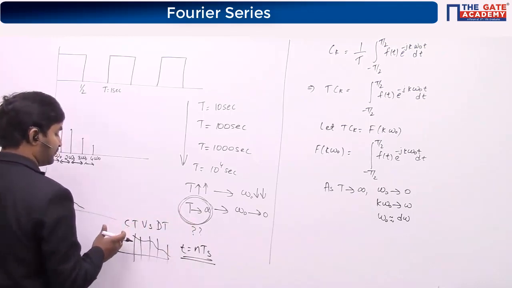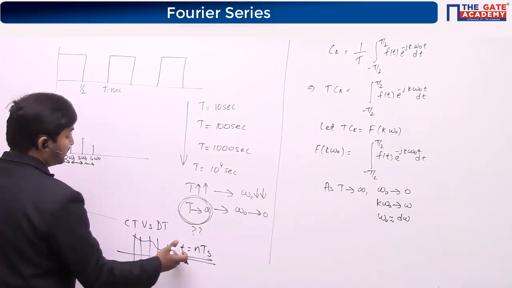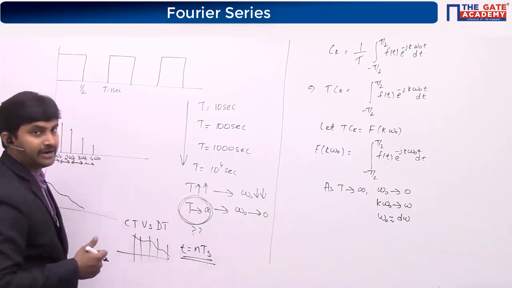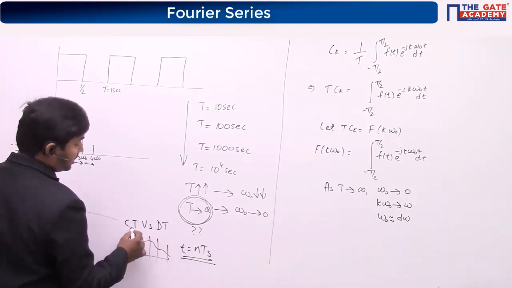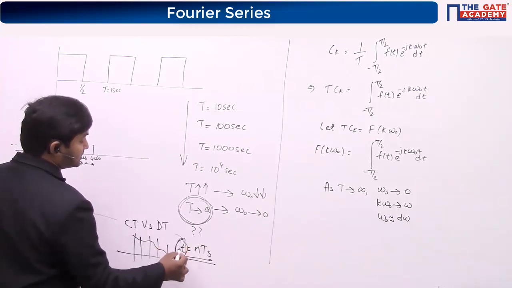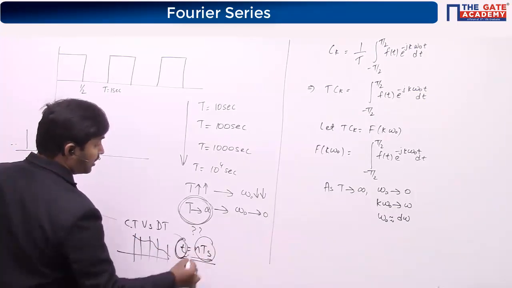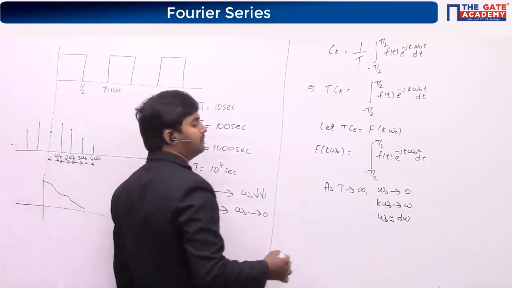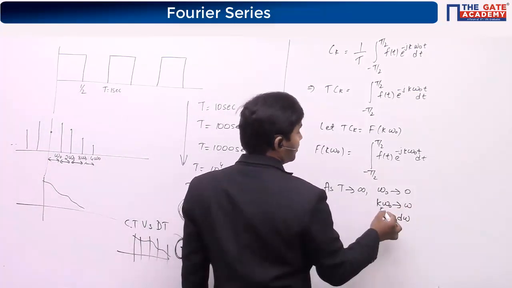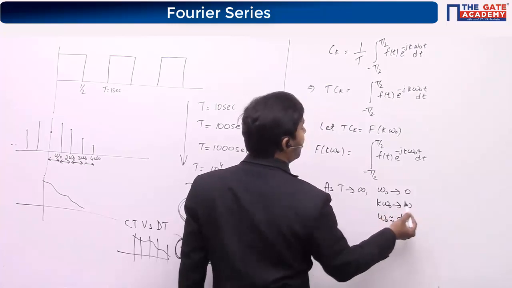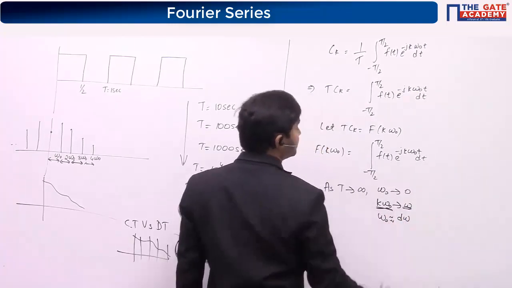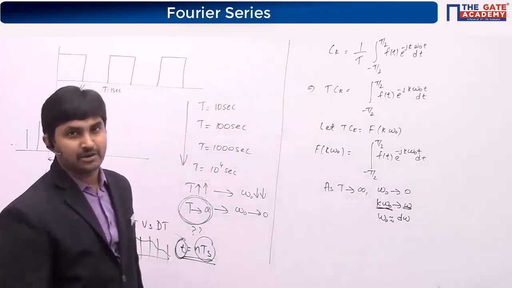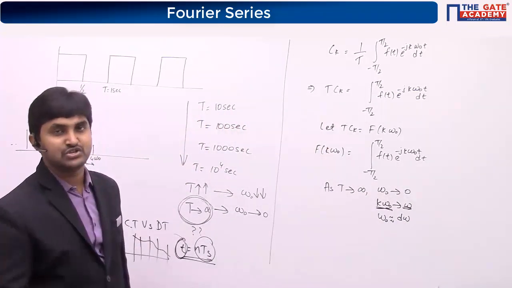So when moving from continuous to discrete, we replace t with n multiplied by Ts. Now, when moving from discrete to continuous, you are doing the opposite. So k into omega naught, we are replacing with the term omega, considering that the spectrum is now going to become continuous in nature.